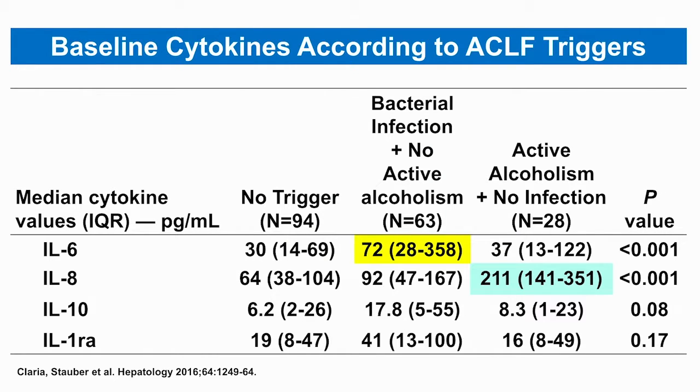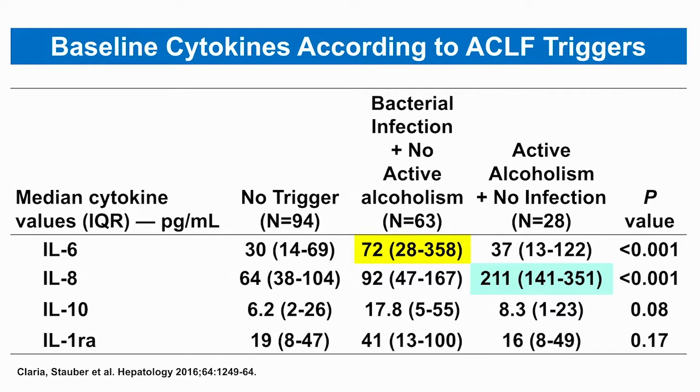Another point is that, again using CANONIC results, here by Claria, we showed that the profile of systemic inflammation was different according to the trigger. Here you have 3 groups of patients.